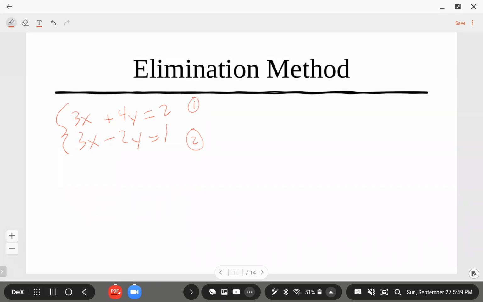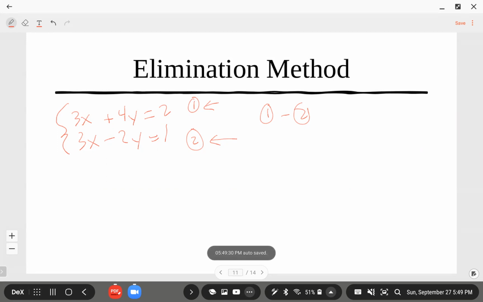So this is equation 1 minus equation 2. 3x plus 4y equals 2 is our first equation, and number 2 is going to be subtracted from number 1, okay?